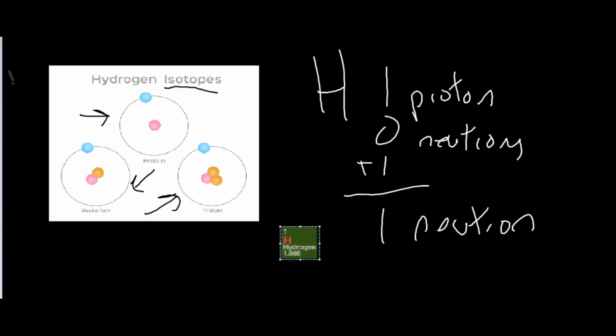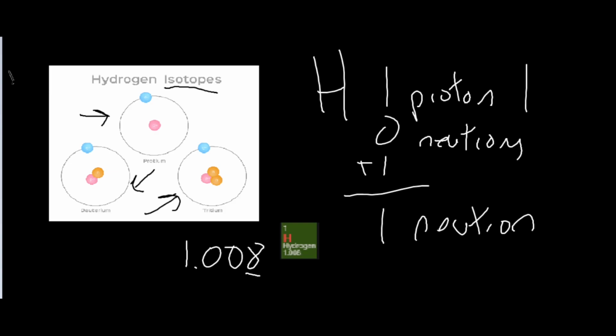You'll see that hydrogen has a mass of 1.008. Now, since there is 1 proton in the most common isotope, it will have a molar mass of 1. But since we have 0.008, we know that there are going to be some fairly common isotopes like deuterium and tritium.